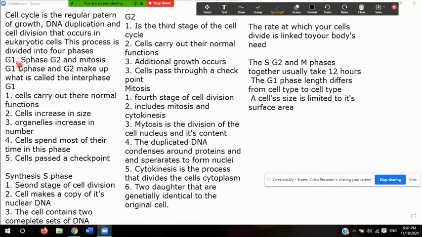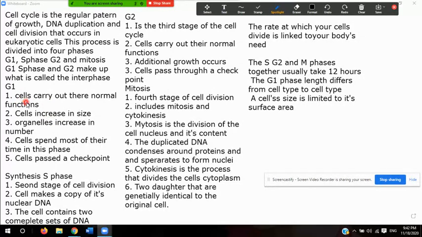Of course, through the development of techniques and technologies, that was later found out not to be true. However, the names remained. Now, it says that G1, S phase, G2, and mitosis make up what is called the interphase.